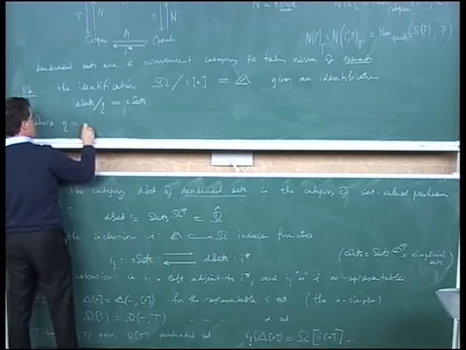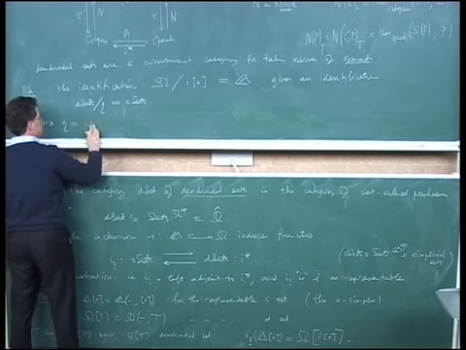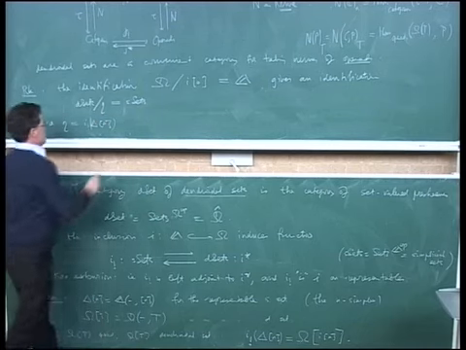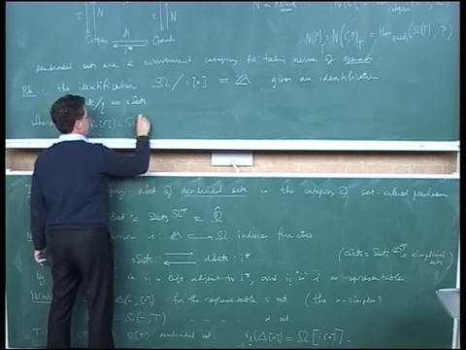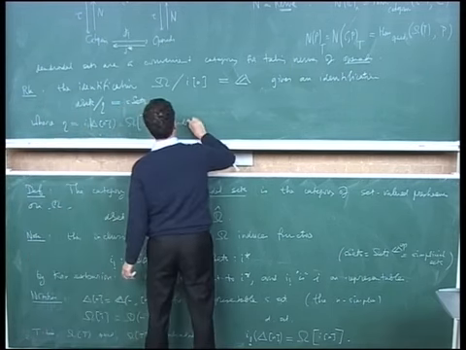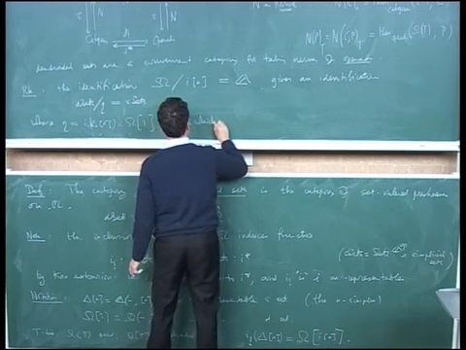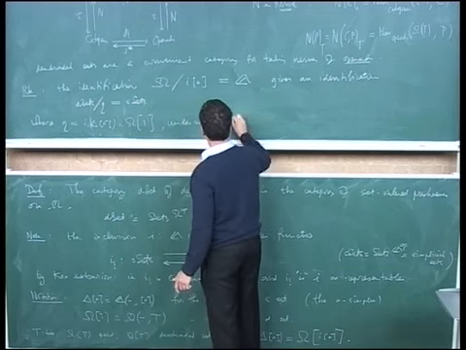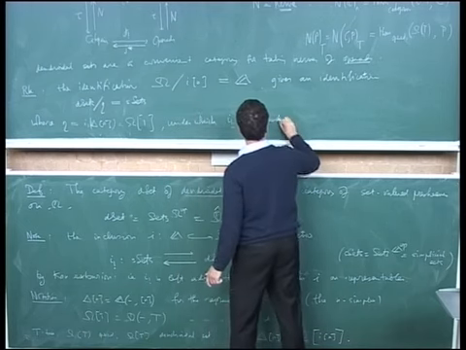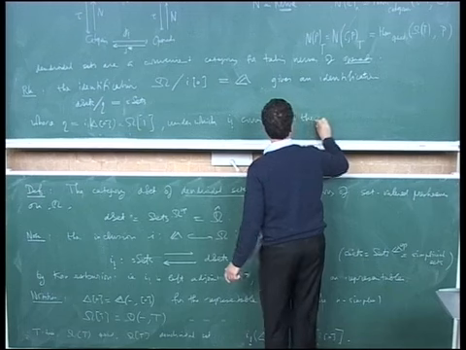So eta is I shriek of delta of 0, is omega of this tree, under which I shriek corresponds to the forgetful functor.